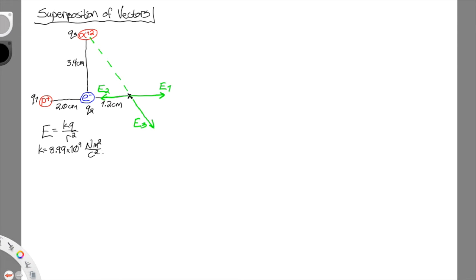We're also going to need to know the value of all of our charges. So Q1 is a proton, which has a charge of positive 1.6 times 10 to the negative 19th coulombs. Q2 is an electron, which has a charge of negative 1.6 times 10 to the negative 19th coulombs.